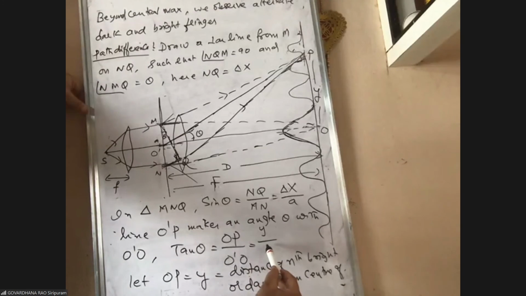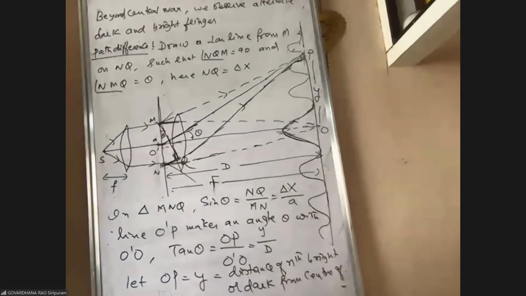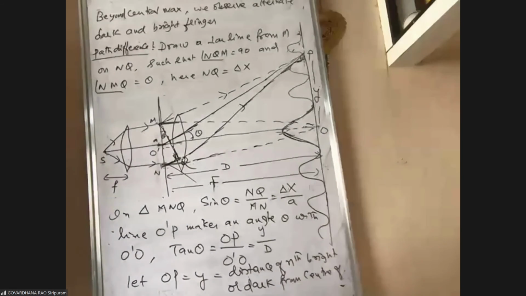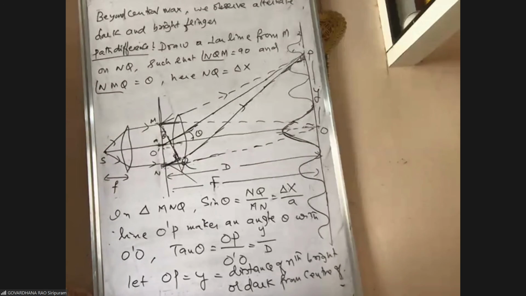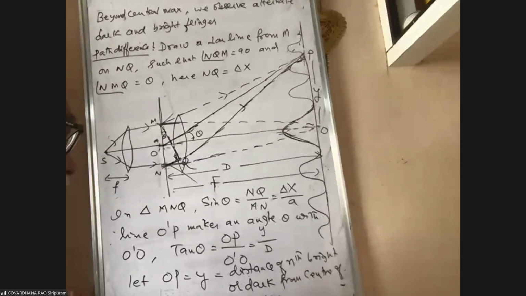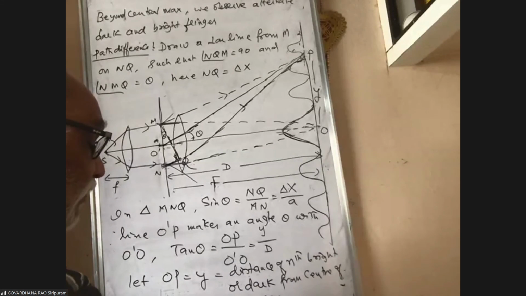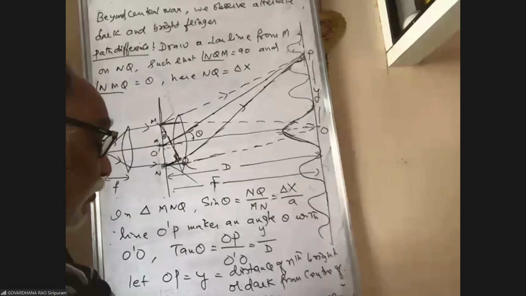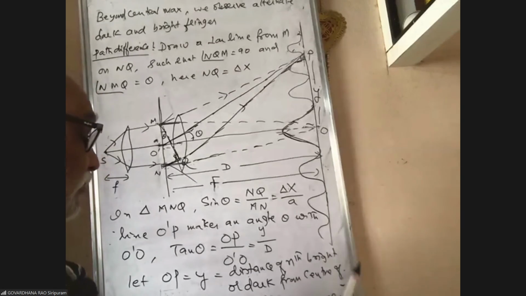So this is Y by D, where D is the distance between slit and screen.